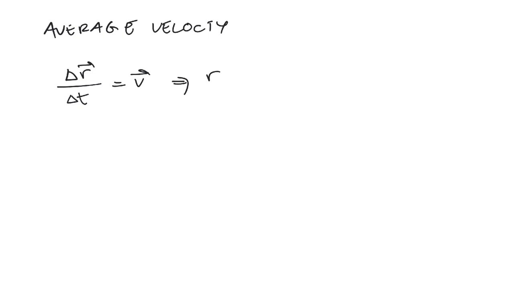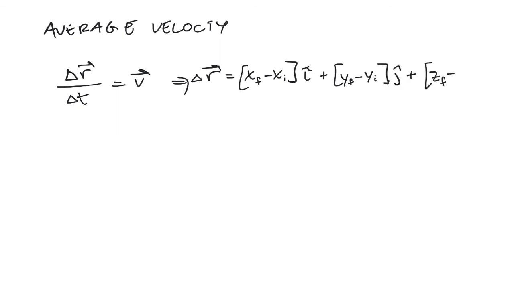So our displacement vector that we just wrote was xf minus xi times i hat plus yf minus yi, sorry, that was a bad i, j hat plus zf minus zi k hat.